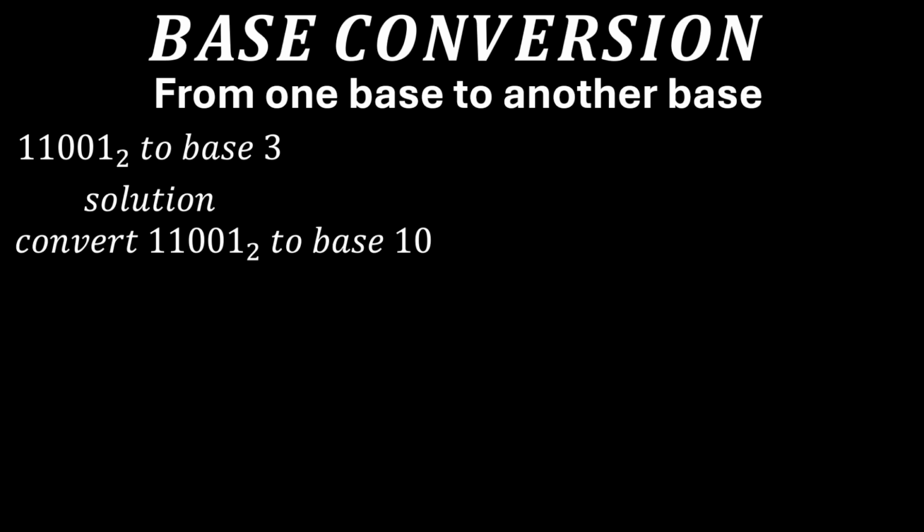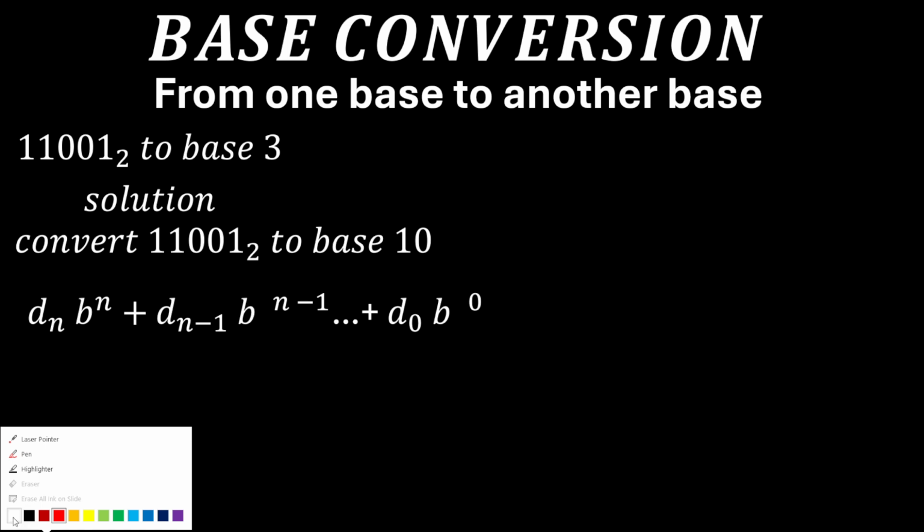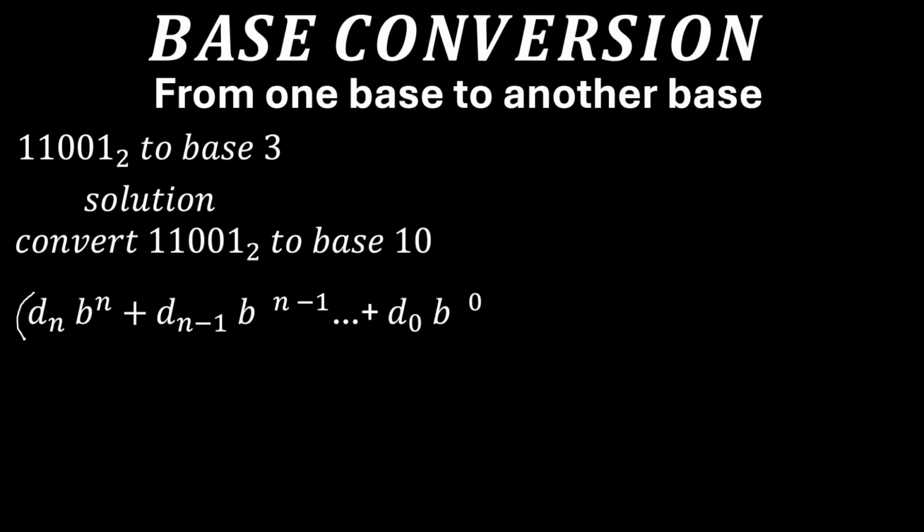Now, the first thing we need to do is to convert the number to base 10. And you know, from our general expression, if you want to convert a number to base 10, you take the digit at a specific position, multiply it by the base raised to that specific position, then you add it to another digit in another position, consequently with another power, in decreasing order.